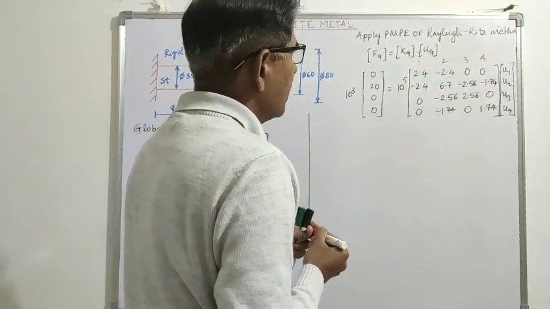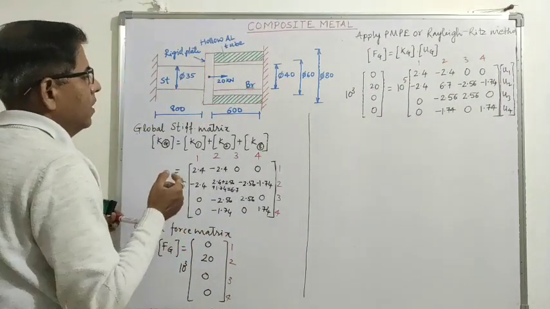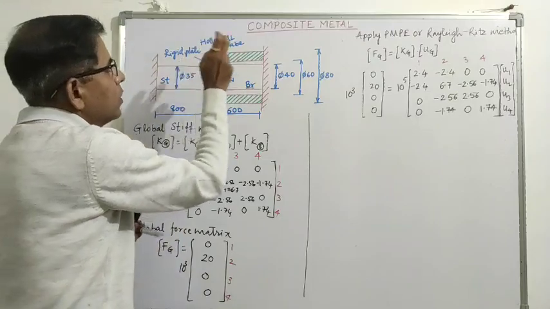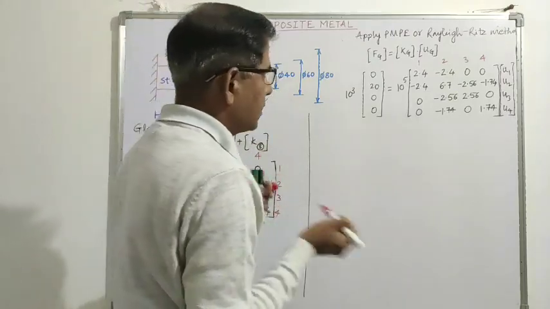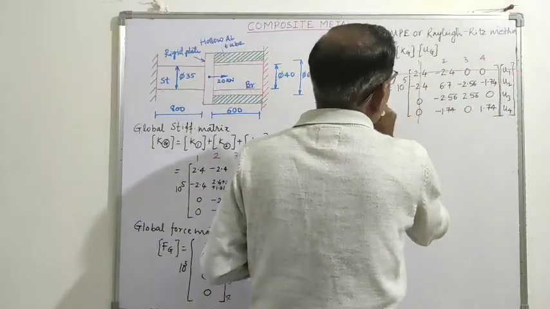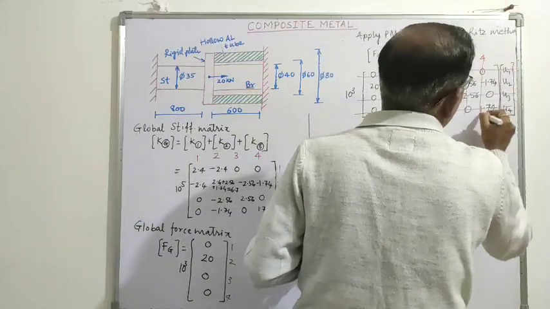Now we apply the Gauss elimination method. Now here 3 nodes are fixed. Node number 1, node number 3 and node number 4. So cancel out first row, first column, third row, third column and fourth row, fourth column.